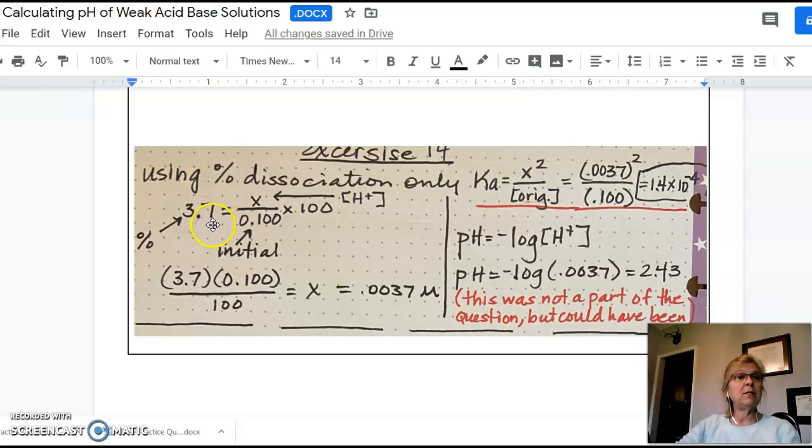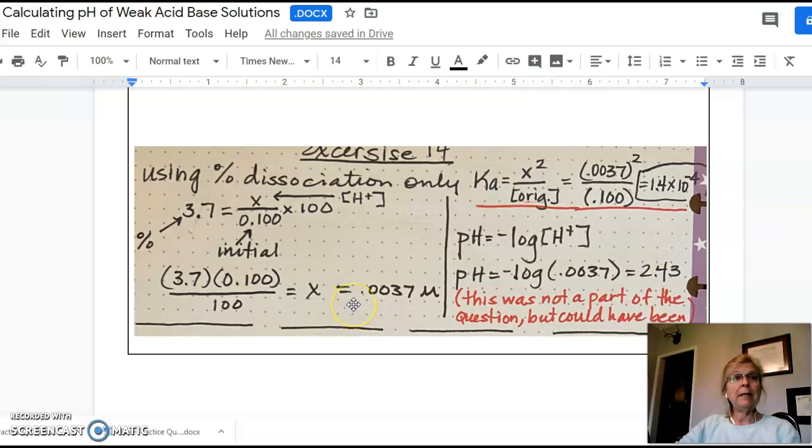So we have our percent dissociation, 3.8, and our initial concentration of 0.100 times 100. To solve for X, I'm going to divide by 100 on both sides and multiply by 0.100 on both sides. So that gives me X is equal to 0.0037 molar.